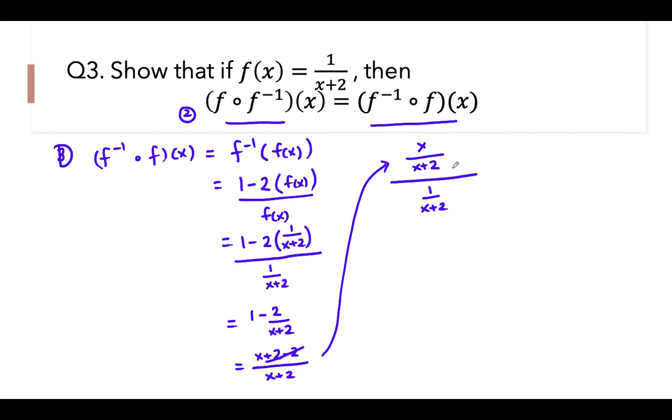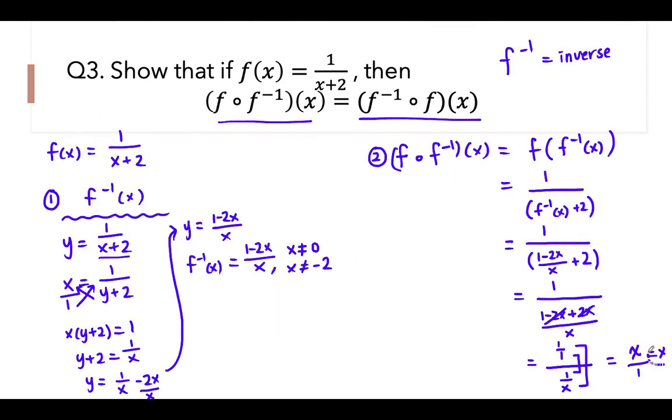Then again, inside, outside. Outside you multiply and it goes in the numerator, so x times x plus 2. And inside, when you multiply, goes in the denominator, 1 times x plus 2. And then you'll notice that these two cancel out, so you're left with x. Now what do you notice?